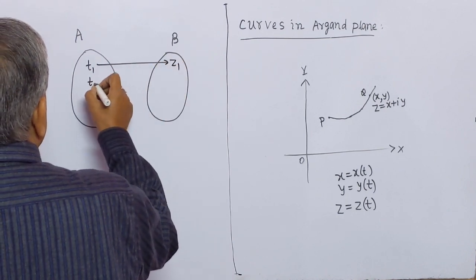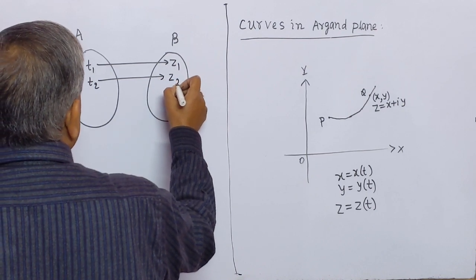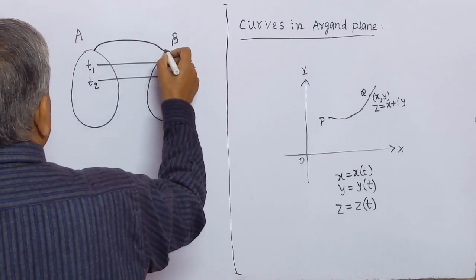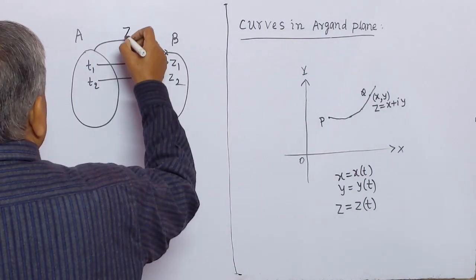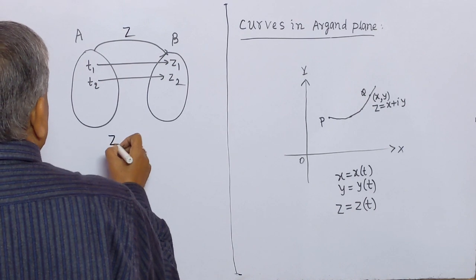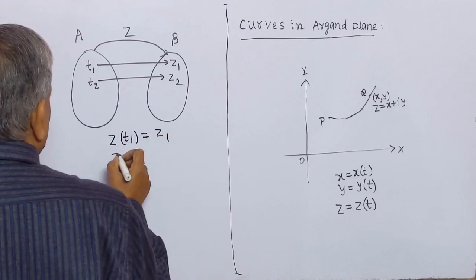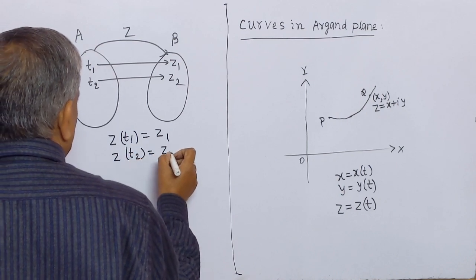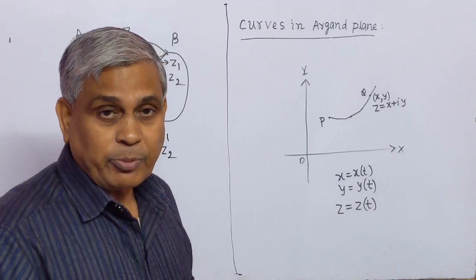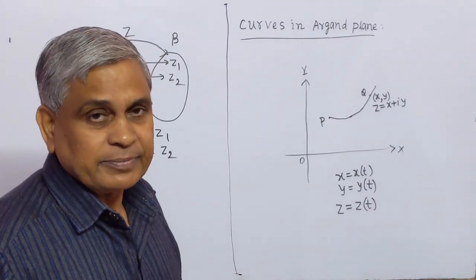For t2 we get z2. That is, z depends upon time t. We write here z(t1) equal to z1, z(t2) equal to z2. So, the locus of the point, as it changes its position, makes a curve.